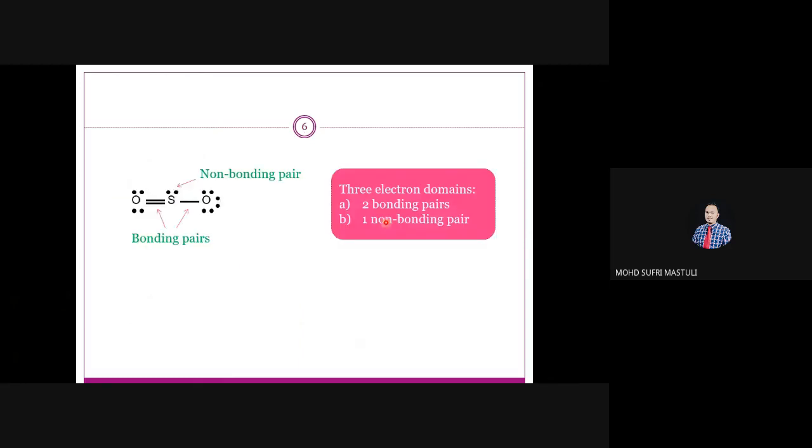So this is another example of compound. For this example, we identify they have three electron domains, two bonding pair, first and second, and one lone pair here.